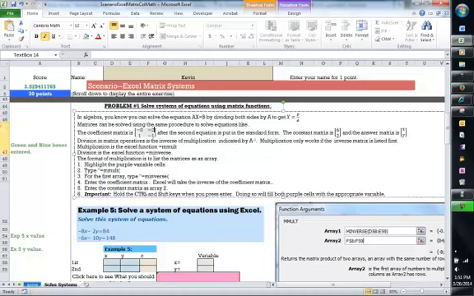And the coefficient matrix for the second row is -6 and -10. Our answer matrix, the constant matrix, is 84 and 148. So those are our 2 matrices.